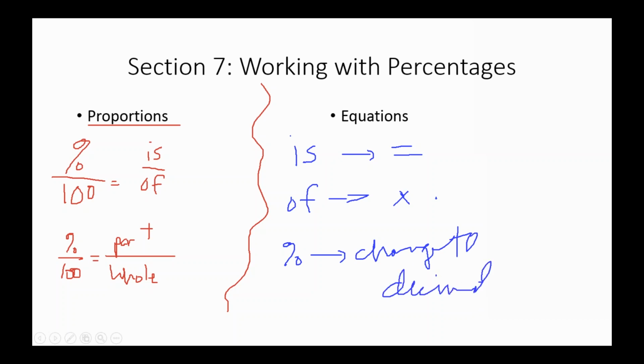And this right there is why I don't like the equations as much. When you're dealing with proportions, you don't have to change anything. You shove it in the proportion, you solve it, and there's your answer. When you deal with equations, you have to make sure you're properly changing between decimals and percents. It's very, very crucial. We don't play with percents, we play with decimals or fractions. That's why it works over here, because when we plug that percent over 100, we just created a fraction, and we can play with fractions. So, all right, let's do some problems.